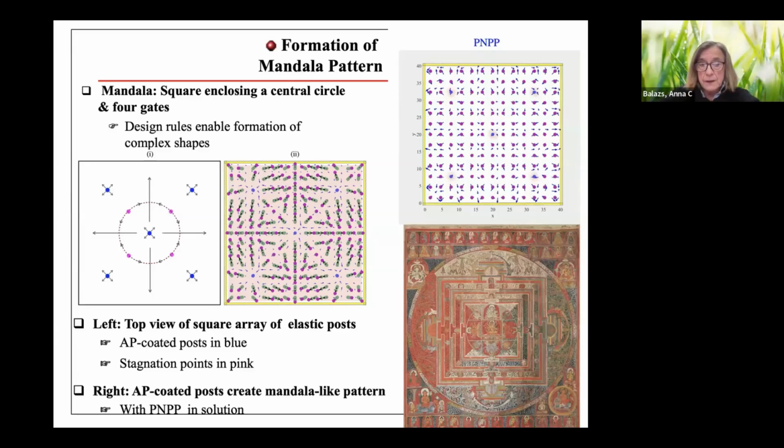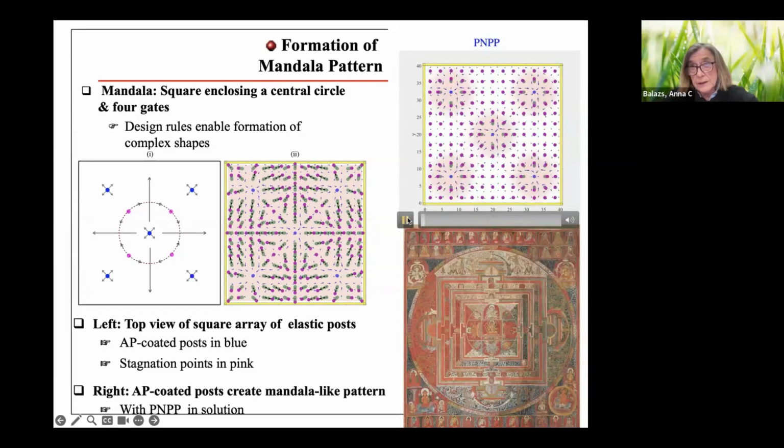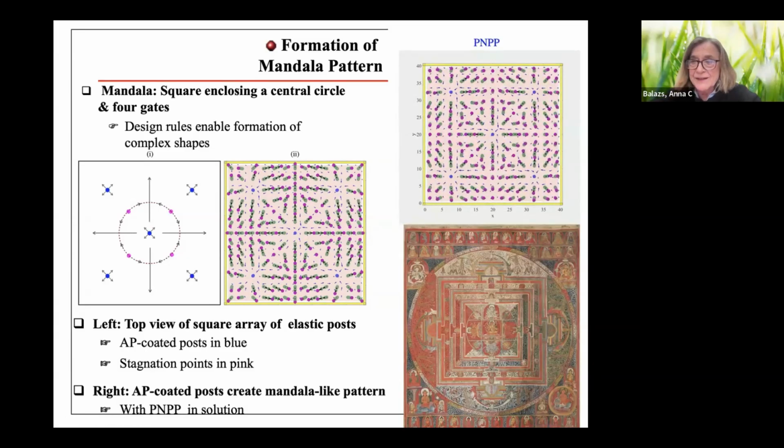So this was the mandala, and we arranged them, the blue is the pusher and the pink is the puller, in that pattern. Then we added the two reactants that trigger this enzymatic reaction, and that's what gives you this beautiful pattern. It takes a little while to work. I was really fascinated by the mandala pattern, and I thought it was sufficiently complex that if we could make that, it would be showing something.